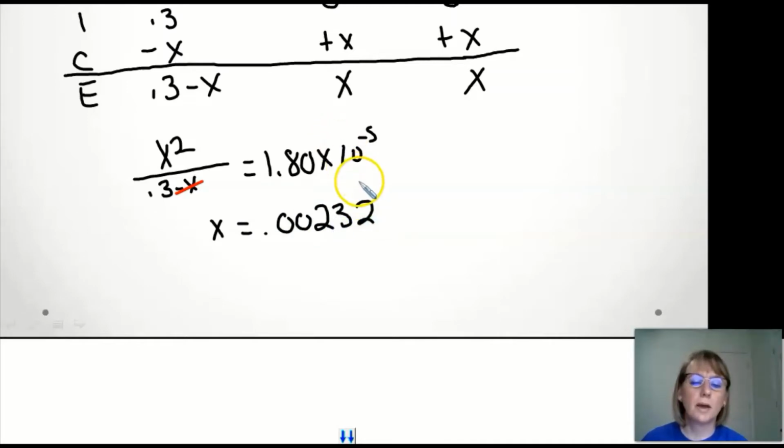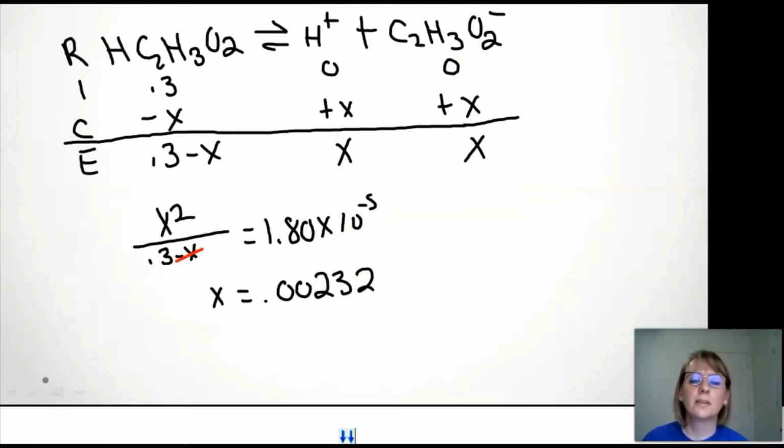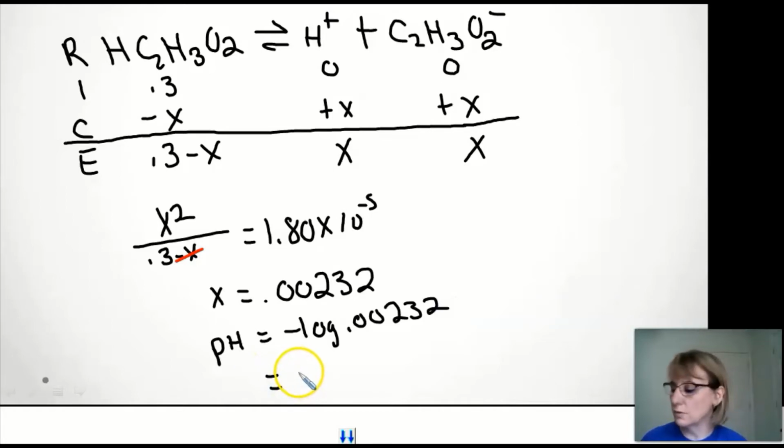If I trace that back up to my equation, that is my hydrogen ions. So to find the pH, I take the negative log of 0.00232, and I find that the pH of this particular solution is 2.63.